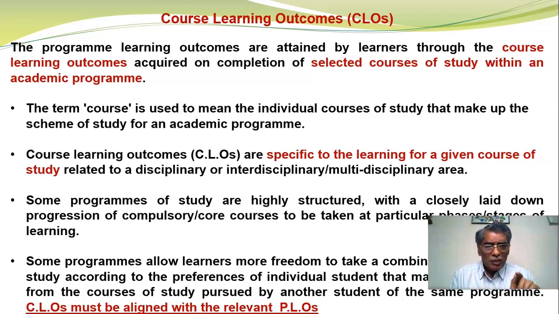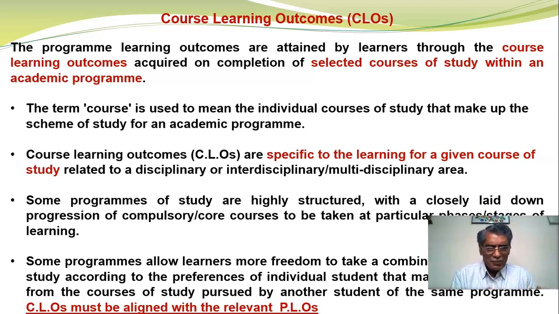Course learning outcomes are specific to the learning for a given course of study. Some programs of study are highly structured with a closely laid down progression of compulsory or core courses to be taken at particular phases or stages of learning.